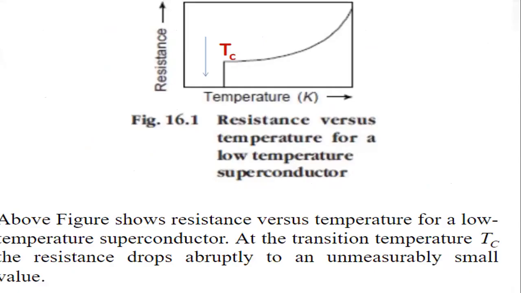Now, when we plot a graph of resistance versus temperature for a low temperature superconductor, you can see that the resistance drops abruptly to an unmeasurably small value.